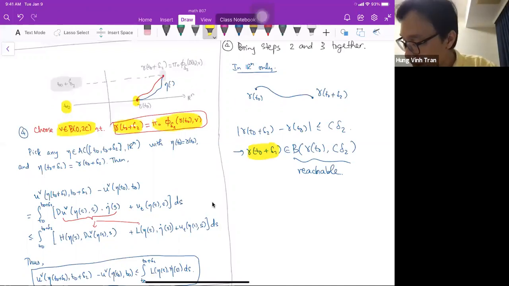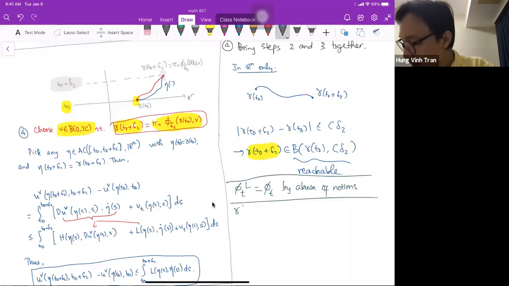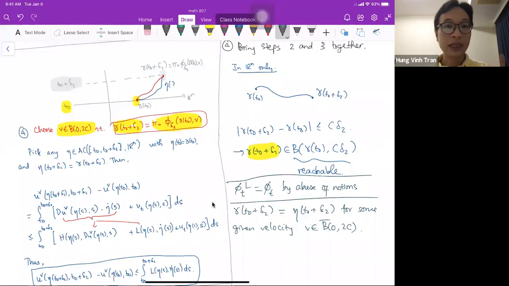Sometimes I would forget the L, so by abuse of notation, let's just write phi t L equals phi t, because I would forget it many times. So we see that gamma t naught plus delta 2 is reachable, so it should equal eta t naught plus delta 2 for some given velocity v in B(0, c). Again, c here can be chosen very big so that I can reach it.